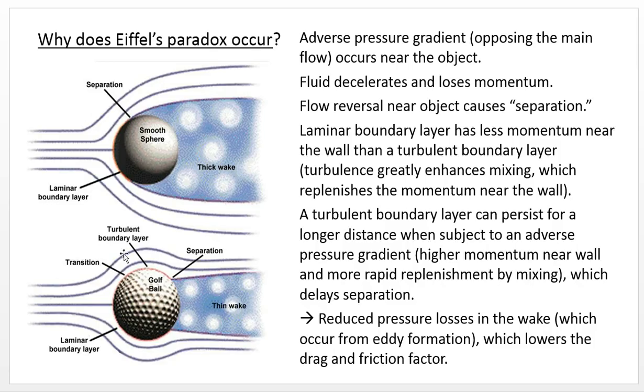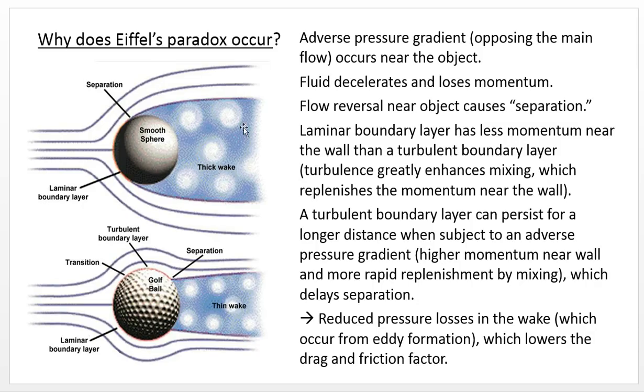So a turbulent boundary layer will persist for a longer distance, even if the pressure gradient is in the opposite direction, because the fluid will decelerate more slowly due to the increased momentum in the turbulent boundary layer, plus the replenishment of the momentum by mixing with the faster moving fluid further away from the object. So in other words, the laminar boundary layer will separate much earlier, much further towards the front of the sphere than the turbulent boundary layer will.